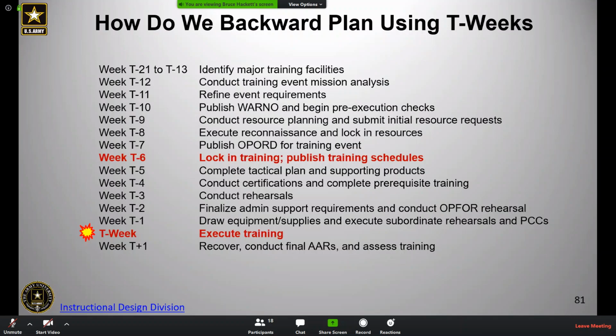It starts with drawing equipment, finalizing admin support requirements, conducting rehearsals, conducting certifications, completing the tactical plan, locking in the training and publishing your training schedules, publishing the order, executing reconnaissance and locking in resources, conducting resource planning and submitting the initial resource requests, publishing the warning order, and beginning the execution checks, refining the event requirements, conducting training mission analysis, and identifying the major training facilities.